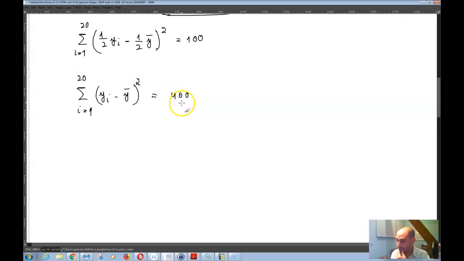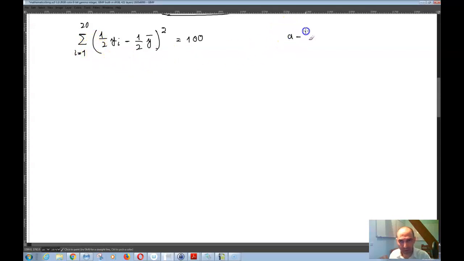That's the variance of the new observations, which is equal to 1/20th times 400, which is equal to 20. The rest is not that important for now, but what we need for now is to simplify this and get these 1/2s out of here.